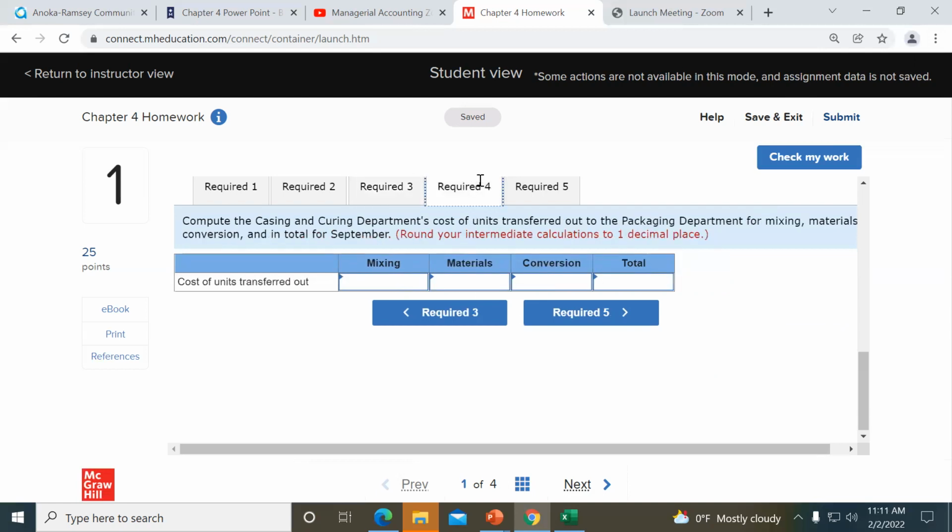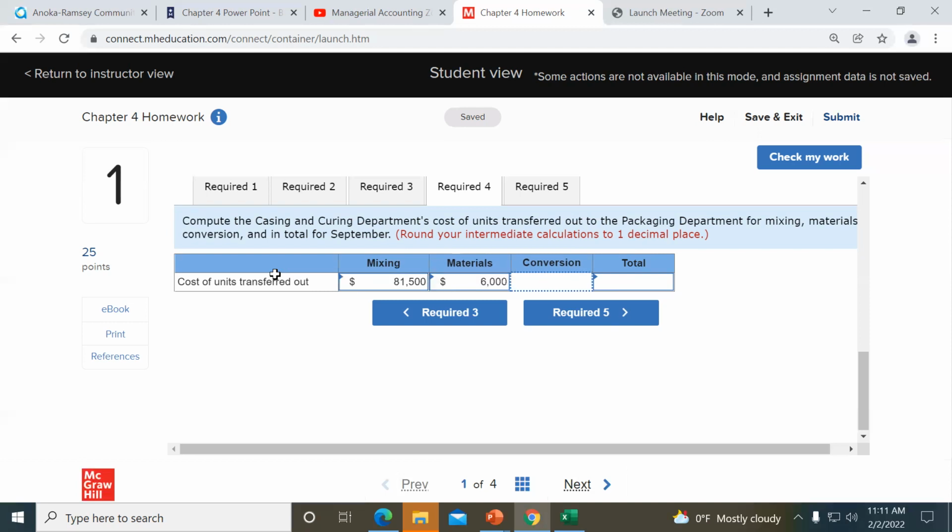Then requirement 4, compute the casing and curing department's cost of units transferred out to the packaging department. Well, we know 50 units got transferred out, right? So 50 units times 1630 is what? $81,500. 50 units times 120, 6,000.